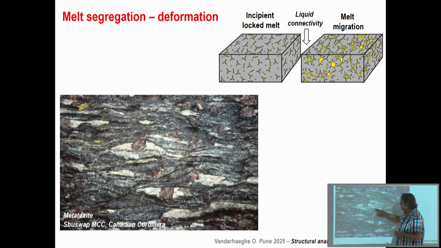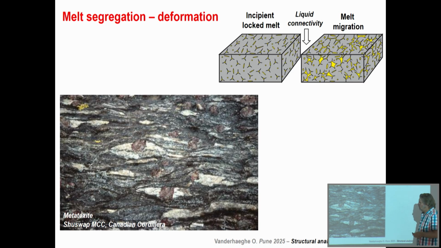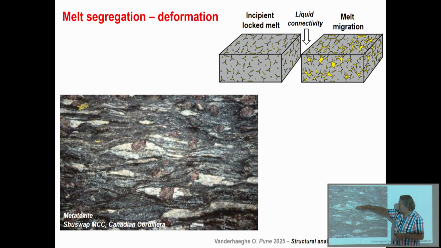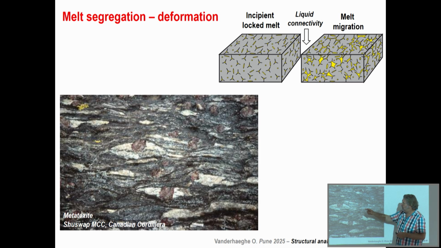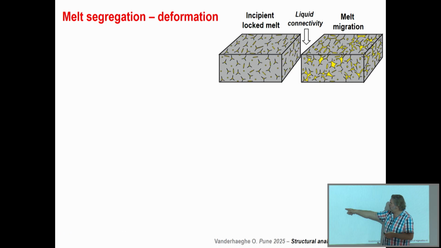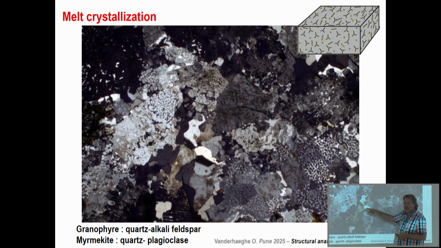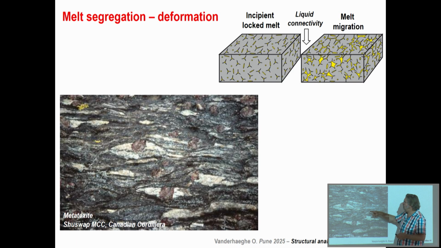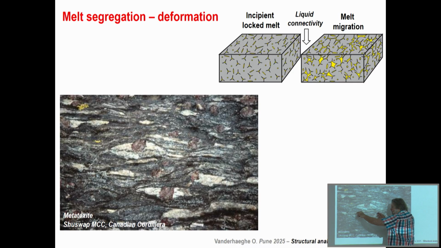So here, this is all the result, the product of the melting reaction, but only the quartz and feldspar, and probably not all of it, crystallized from the liquid, and the garnet was a solid product. And you see that here, this underlines the foliation. So this process that occurred at the grain scale is already the result of segregation of all the liquids forming at the grain scale to form these leucosomes.